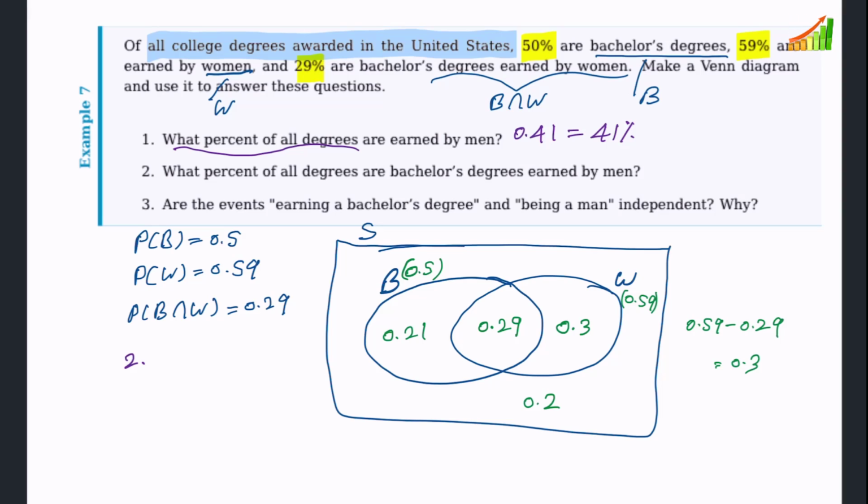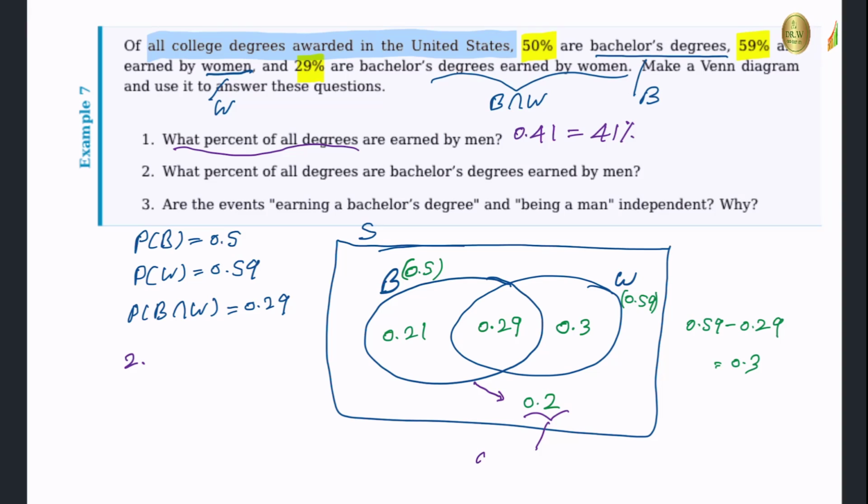Now let me explain this Venn diagram. First, let me explain this point 2. This point 2 is out of the circles. That means out of the B, bachelor degrees, and W, women. So it is out of the bachelor degrees. Therefore, the point 2 is not the probability of bachelor degrees.